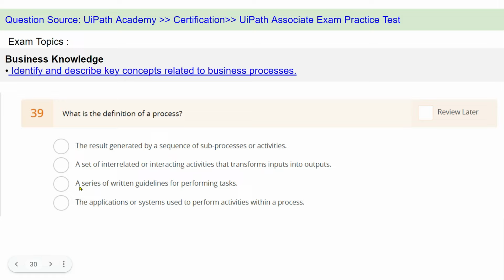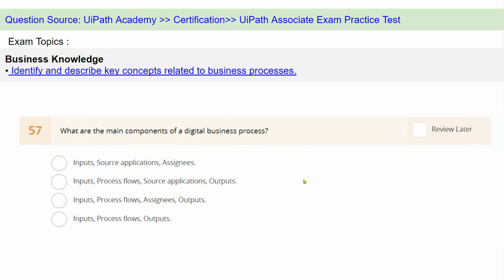So this is also a wrong answer. The application of a system used to perform activities within a process. Okay, this is also not the definition of a process. So the proper definition is a set of interrelated interacting activities that transform inputs into outputs. This should be the answer.